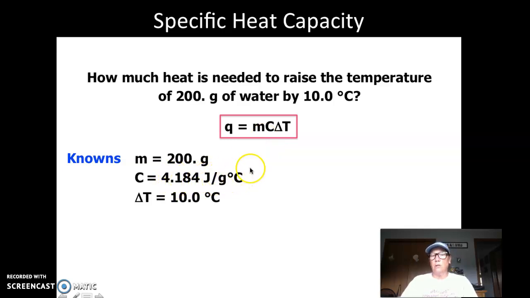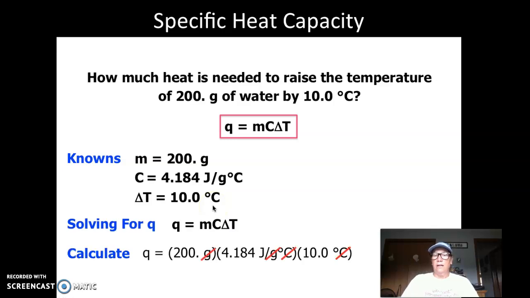I know it's a big long unit, but that's what goes in when you're calculating it, and then the temperature change. You just multiply the three of them together, and you get 8.37 times 10 to the third, or 8,370 joules. That's how much energy you need to raise the temperature 10 degrees. So it's actually pretty simple. You've got the numbers there.